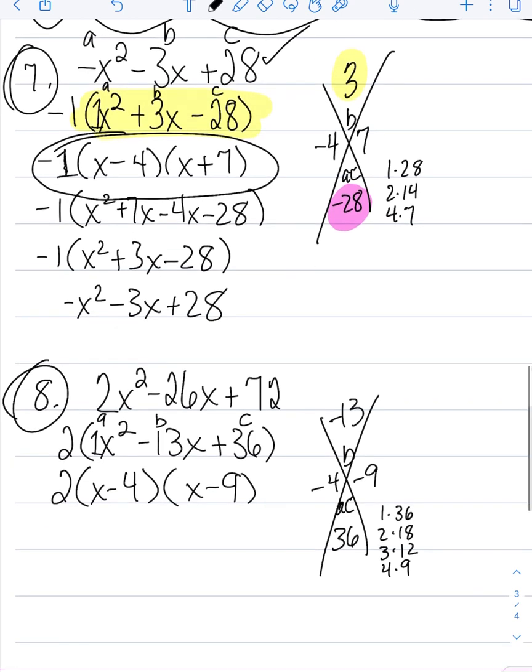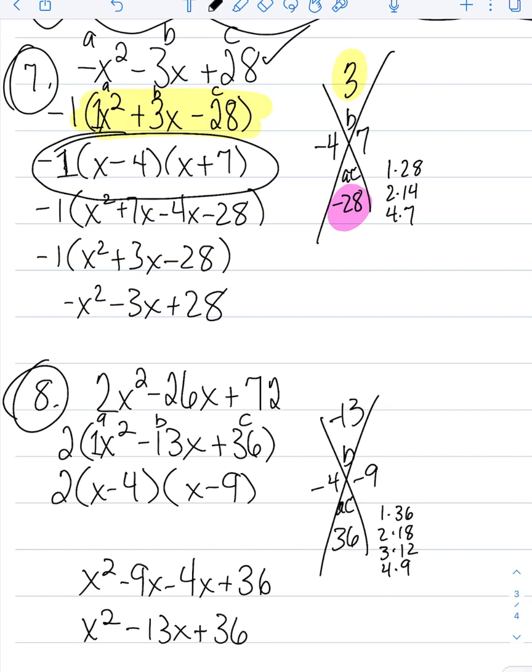And again, I always like to check on this assignment because prime or not factorable is an option. So we want to make sure that we have an answer. So let's do FOIL. First, outside, inside, last, and simplify. Oops, sorry about that. Minus 13x plus 36.